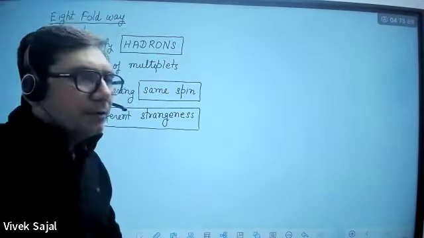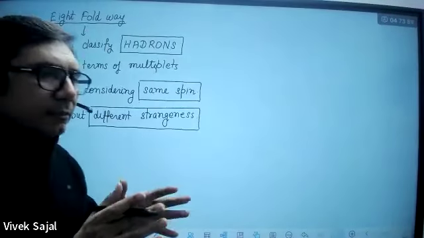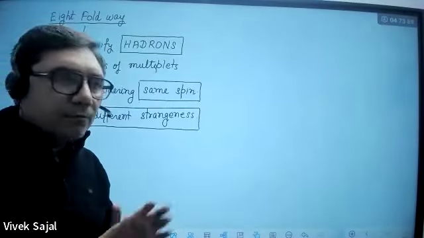So three type of octet, two octet structure they found out first.